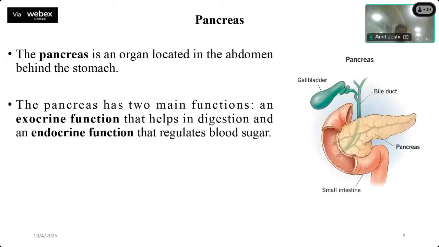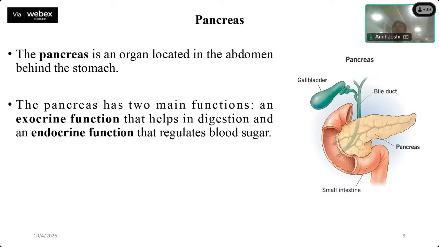Now the pancreas's role is very important in diabetes. If you are not a diabetic patient, then your pancreas is working very well.